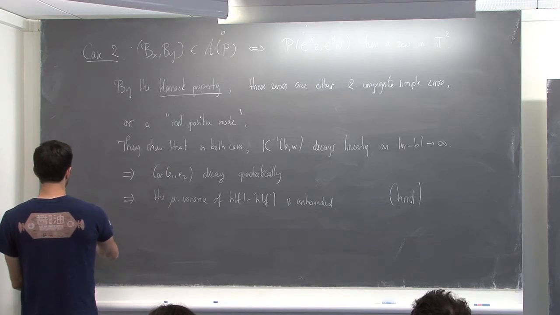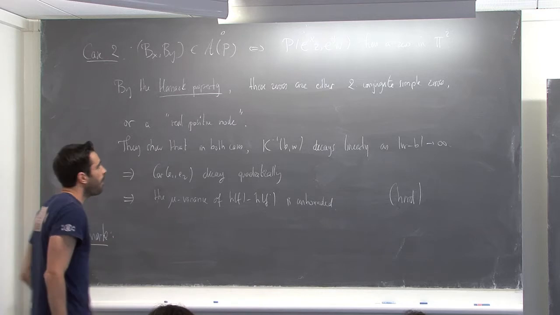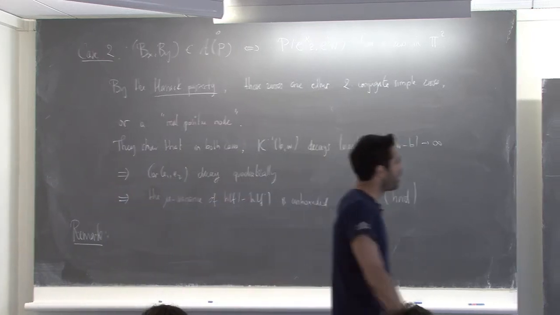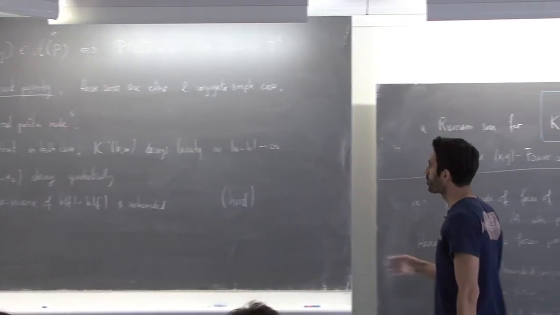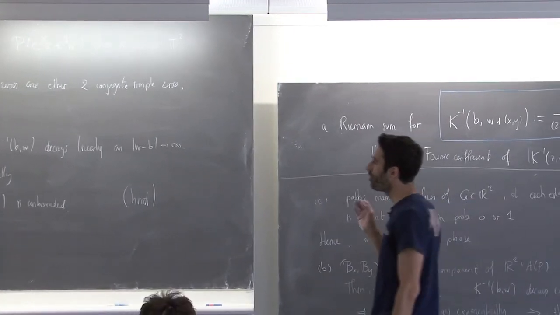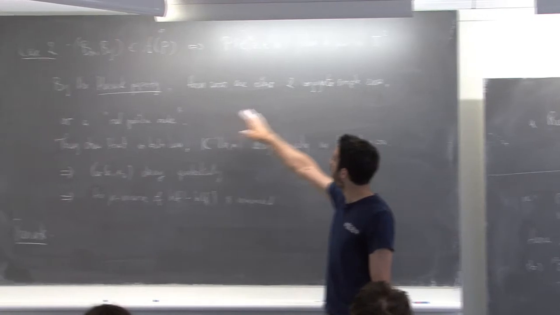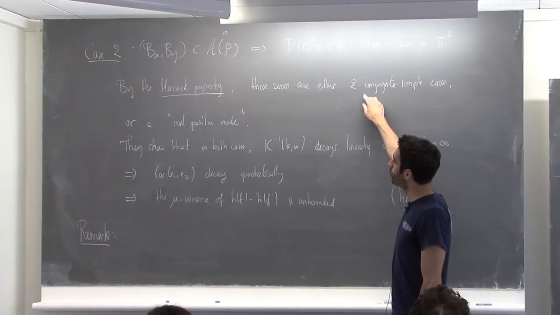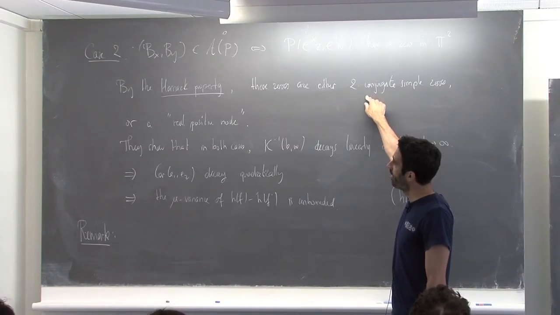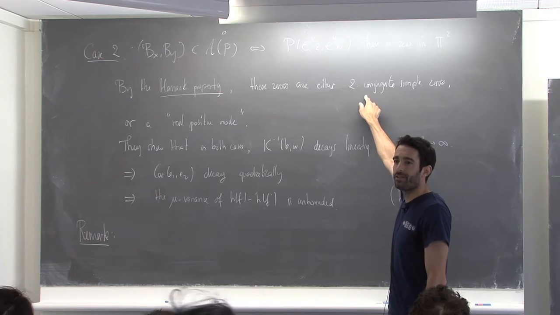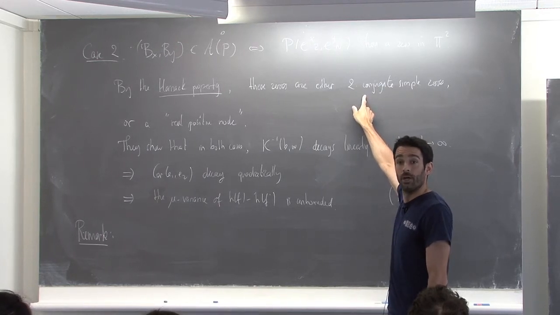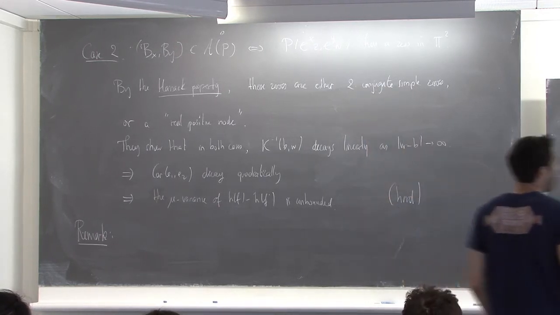And I just want to finish with a remark. With this picture, we understand the physical meaning of the Harnack property. So the Harnack property allowed us to prove that there is no weird decay of correlations. So you see what could have happened.